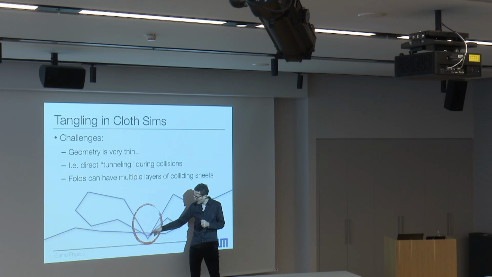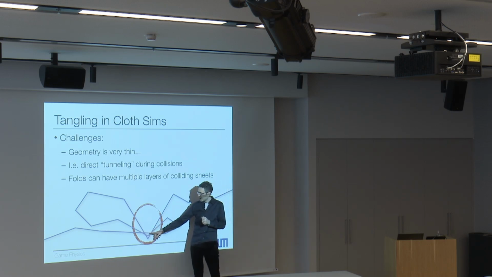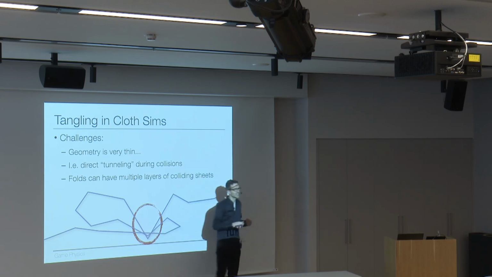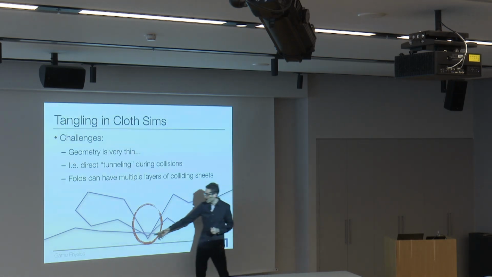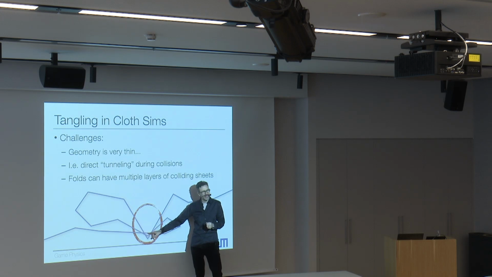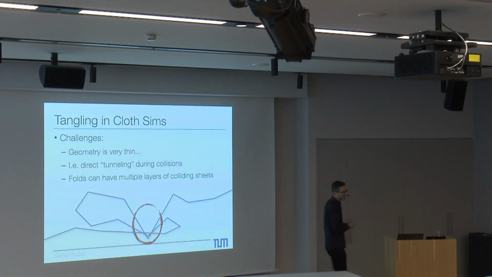We can easily detect that something is going through other pieces of cloth, but now it's difficult to figure out what the order is. Which side should we be on? Should we be on the left or right of each of these? Or, you can imagine that many of these inside checks, even if we potentially resolve one collision, maybe we still detect the other one. And then if we try to resolve this one, we go back to the other one. These kinds of tangling situations can be really difficult to figure out.